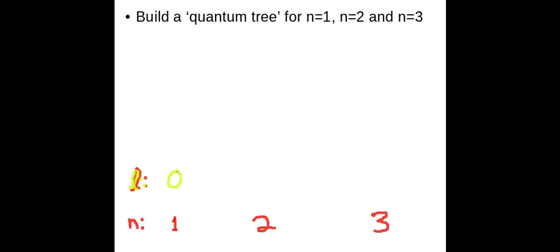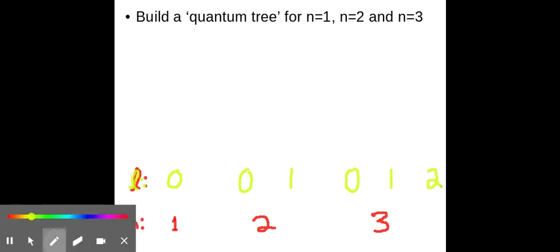But when there's a principal quantum number 2, the L values could be 0 or they could be 1. And if you have a principal quantum number 3, they could be 0, 1, or 2, up to whatever the n value is, minus 1. So for the different n levels, we can have different L values.